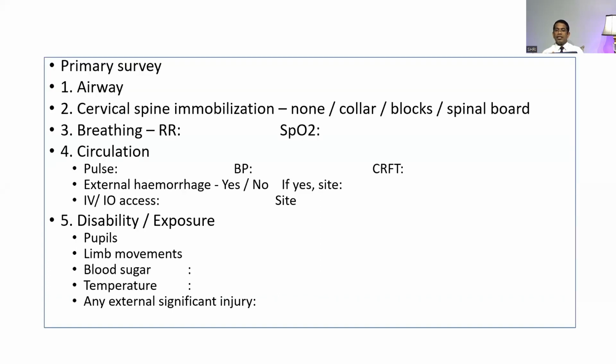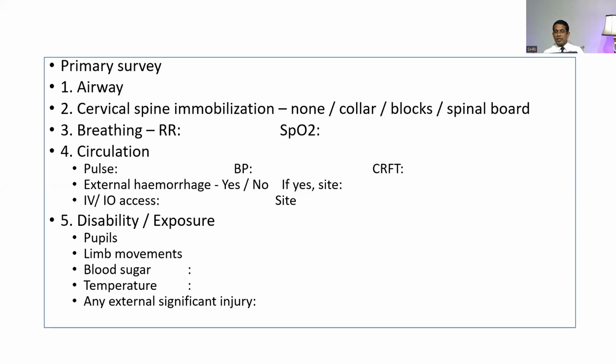This is the ultimate aim of doing my primary survey: to fill this slide. Airway: whether the patient has an airway threat or not, whether the cervical spine is immobilized if needed, whether the patient is on a collar, blocks, and the spinal board. Breathing: whether the patient has respiratory distress, what the respiratory rate and saturation are, and how much oxygen you are giving.